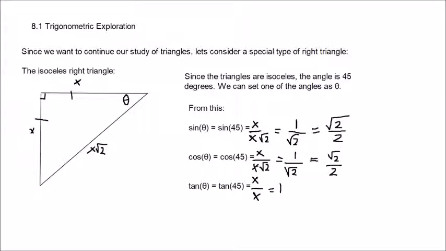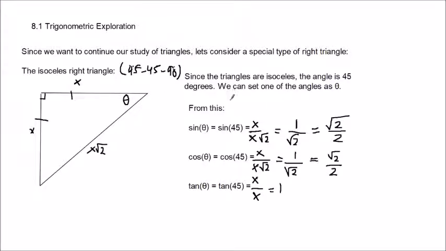triangles. This triangle is the isosceles right triangle, or it could also be called the 45, 45, 90 triangle, because that's two 45-degree angles and one 90-degree angle, right?